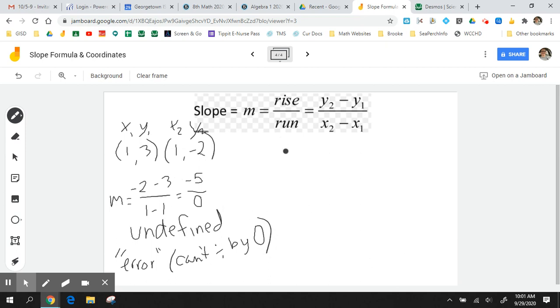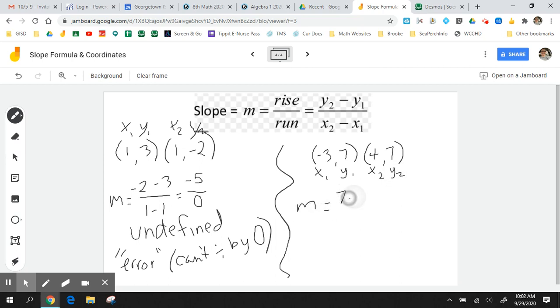Now, another option that might happen is that your coordinate is -3, 7, 4, 7. So we still have our x1 and our y1 and our x2 and our y2. When we go to solve, 7 minus 7, so y2 minus y1, and 4 minus -3.